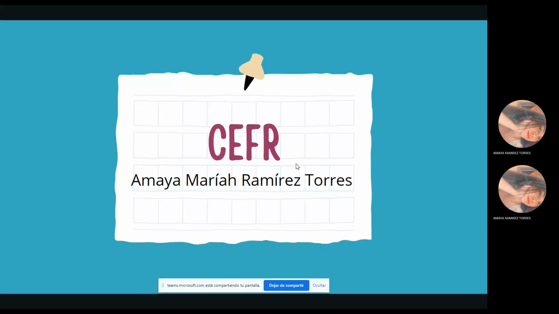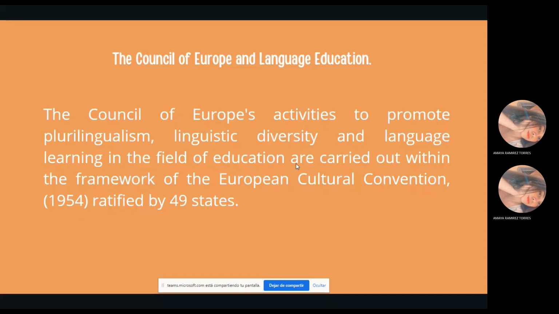So today we are going to be talking about the CEFR, which is an abbreviation for the Common European Framework. This will be presented by Amaya Maria Ramirez Torres. The Common European Framework's purpose is to integrate pluralism, linguistic diversity, and language learning in the field of education.